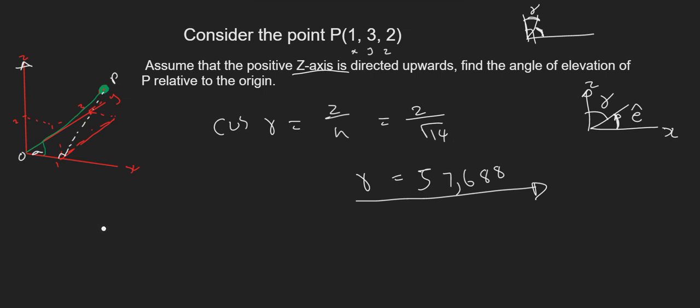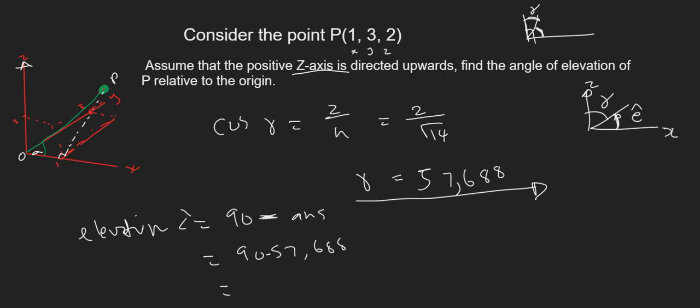So for elevation angle, we're just going to say 90 minus our answer. So 90 minus 57.688, then do the right computation again, and with the right math, this is what you get.